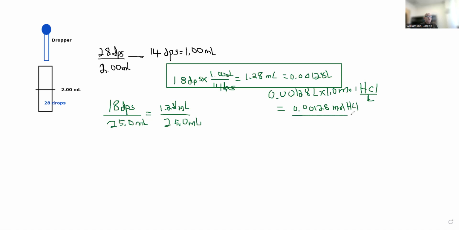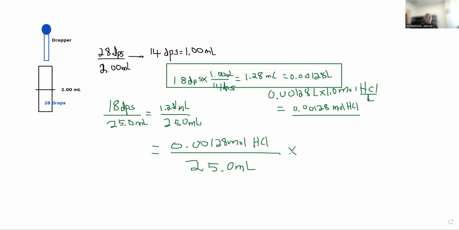That means it's 0.00128 moles of HCl to change my 25 mils of buffer by 1 pH unit.